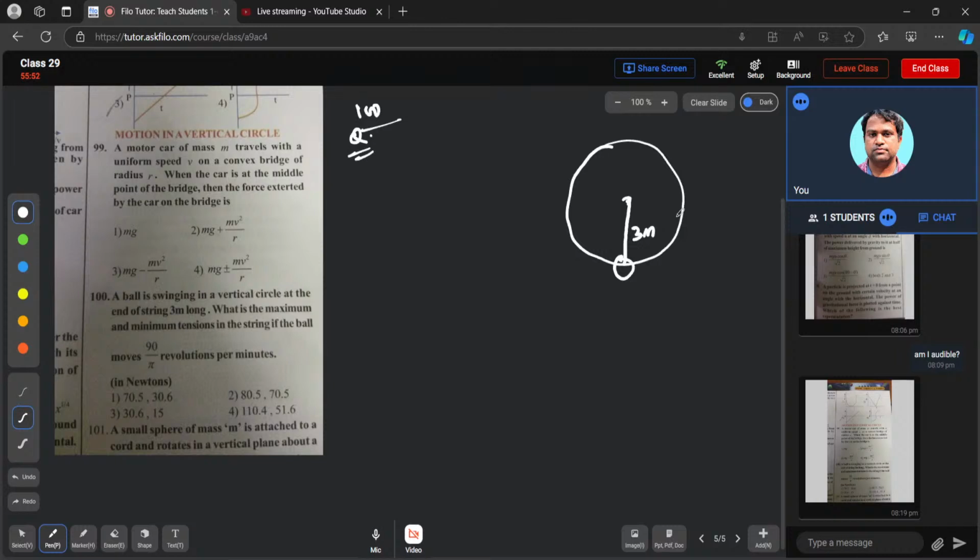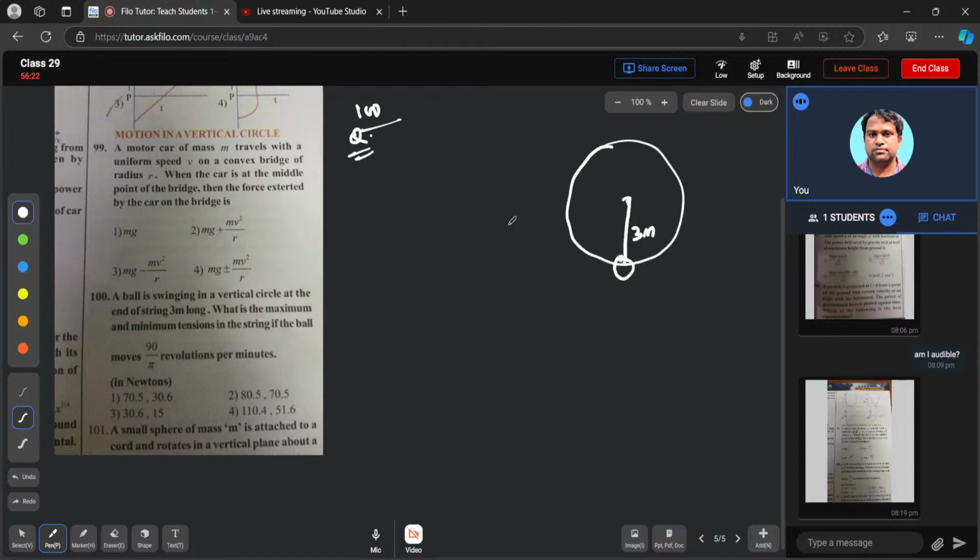Okay. So here it is given 3 meter long. What is the maximum tension and the minimum tension in the string if the ball moves in the vertical circle? Maximum 3 mg?